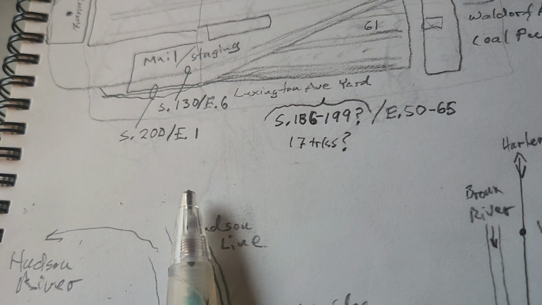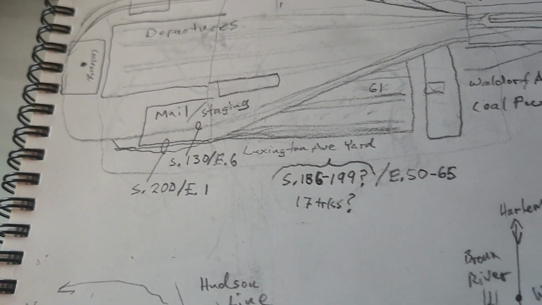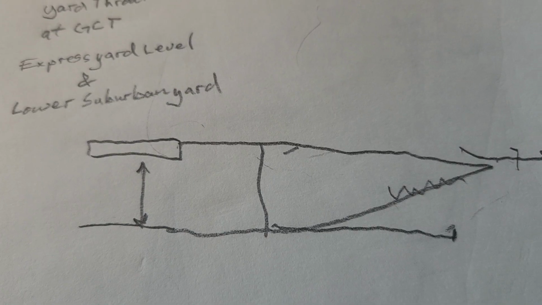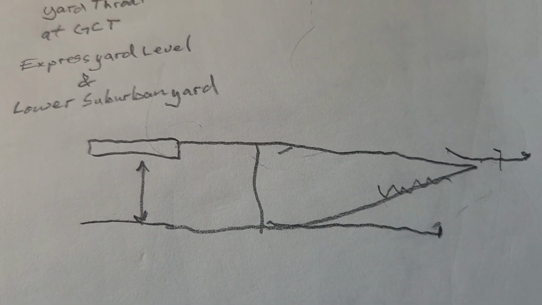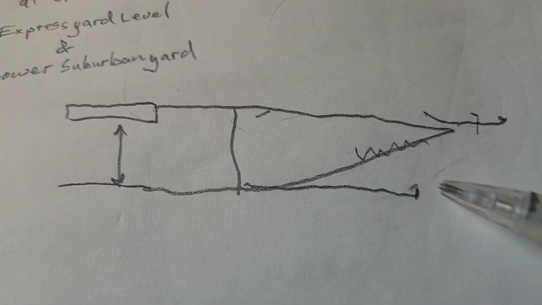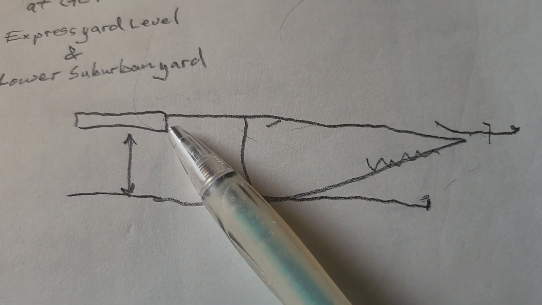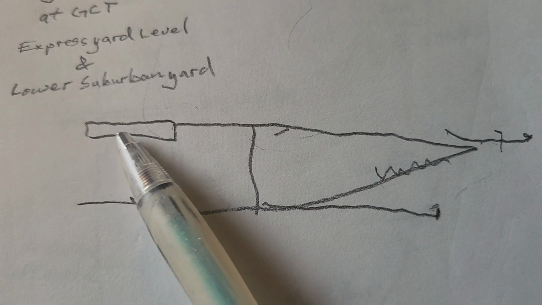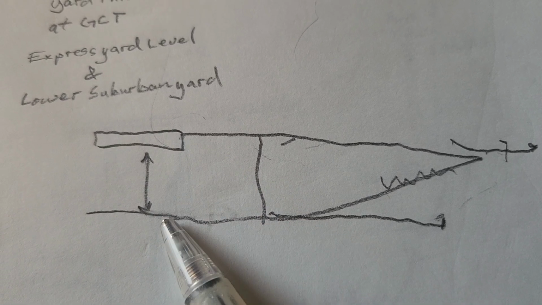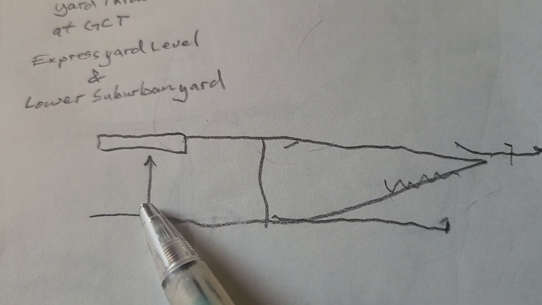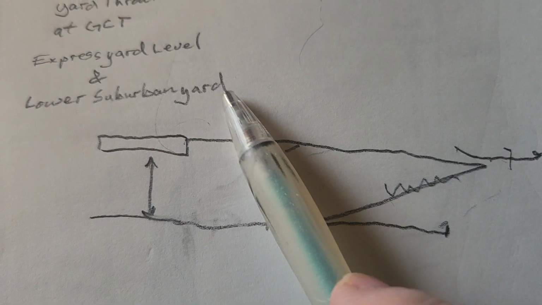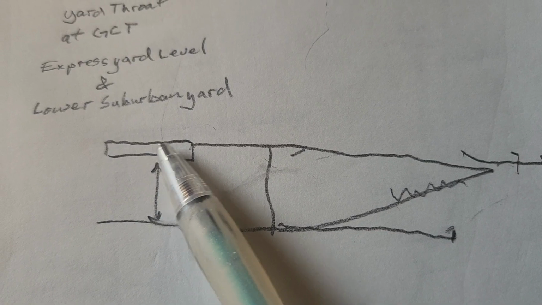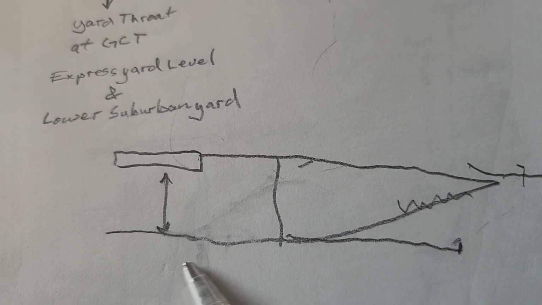The way that I plan on modeling this, let me go back to a previous image. So if you saw my video from last week, the way I was thinking about modeling or displaying it was showing the upper level and the lower level with enough separation between them so that a person standing next to the layout could see the upper level and also view the lower level.